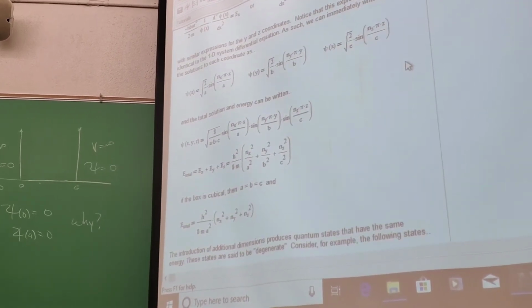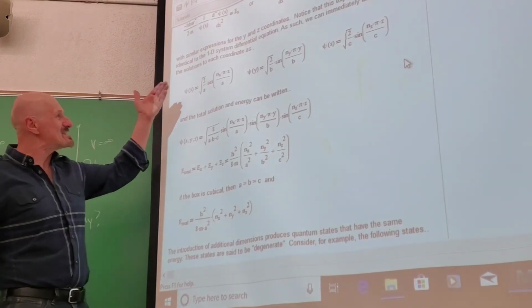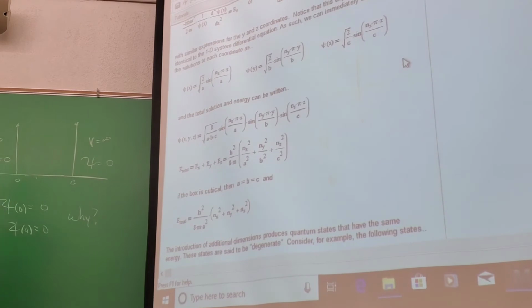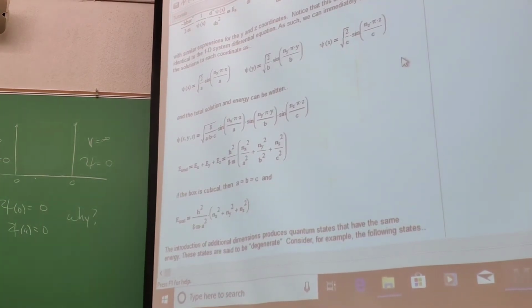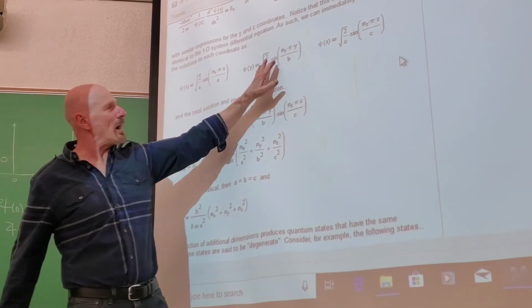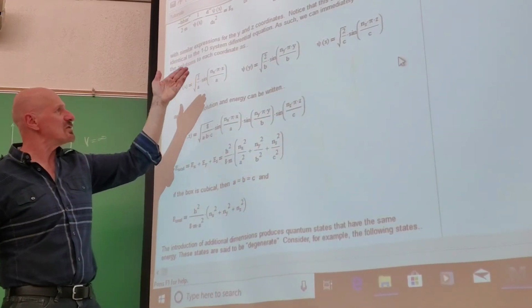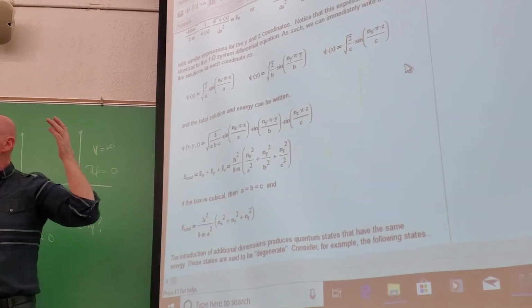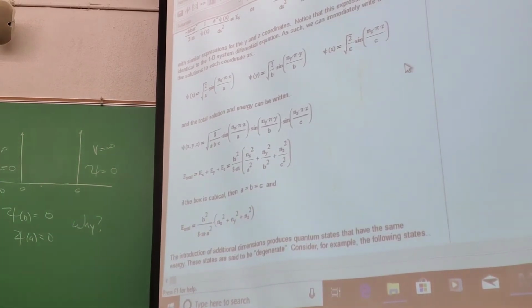So the wave functions then are identical. Notice the wave functions are exactly the same for X, Y, and Z, but now since we have 3 dimensions, we have 3 quantum numbers. We have to have a quantum number in X, Y, and Z, so I call them nx, ny, and nz. All are going to have the same normalization constant, but we are not guaranteed that this room is a cube.